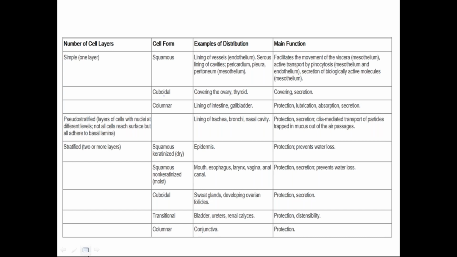this lies in the blood vessels or pericardium, interior of the pericardium, interior of the pleura, interior of the peritoneum, that is called mesothelium. And in case of blood vessel, it is called endothelium, and in case of heart, it is called endocardium.